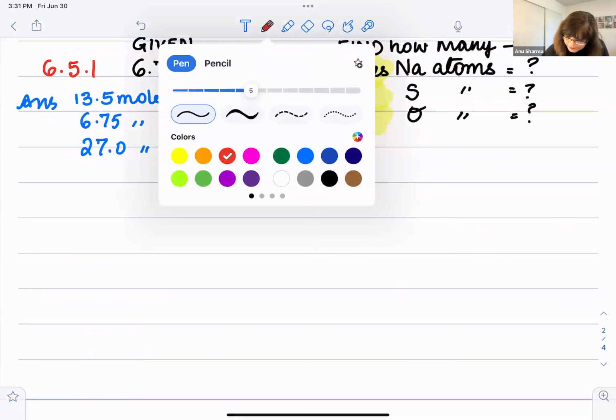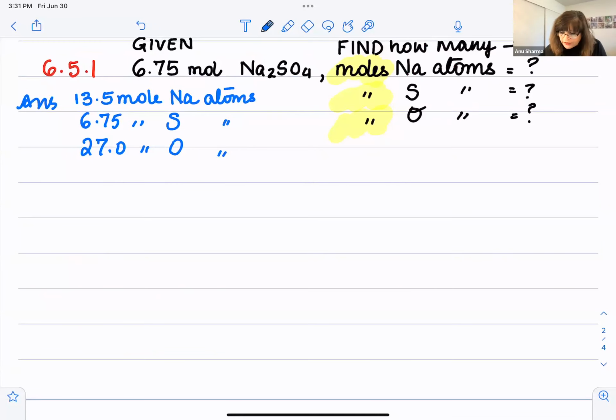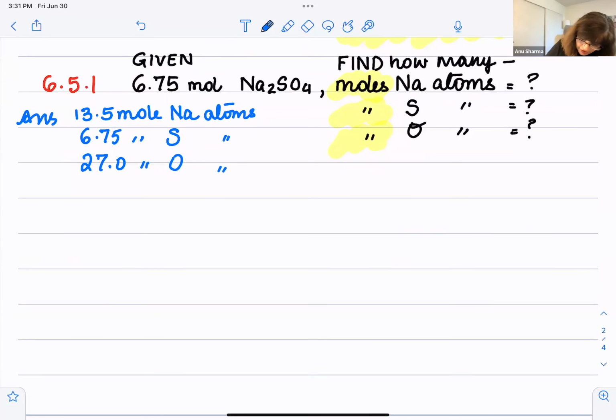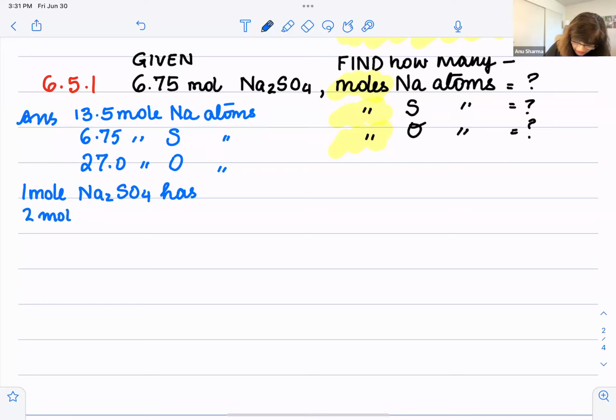Here you're given the moles, so it's a direct mole to mole conversion. What is the meaning of this? First of all, 1 mole of Na2SO4, sodium sulfate, has 2 moles of sodium, 1 mole of sulfur, and 4 moles of oxygen.